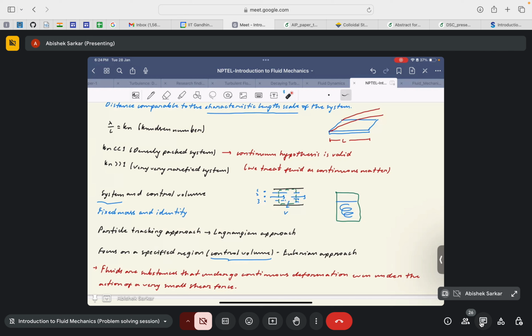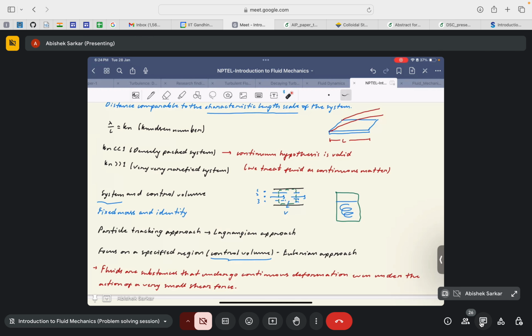If you are mixing the fluid with some other material, then the volume fraction of that material also comes into the picture. These are the properties relevant for both the Eulerian and the Lagrangian approach. But the thing is, how you perceive and evaluate these properties differs in the Lagrangian and the Eulerian approach.